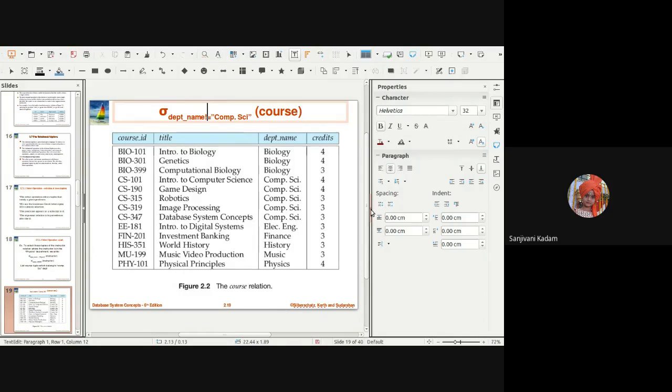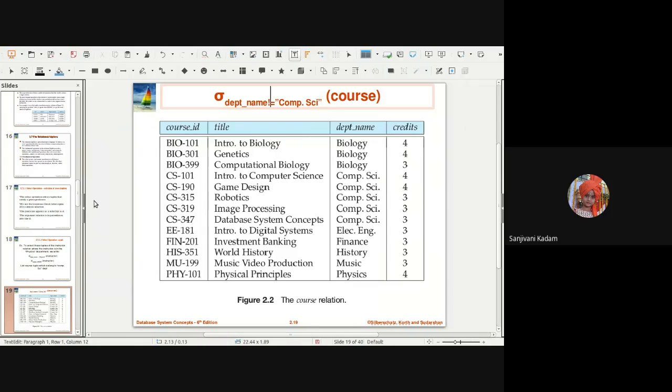So, clear with this query, clear with the first operation? Yeah, ma'am, it's clear. Okay, anybody else facing any problem regarding this select operation? Right now we are covering the select operation of the relational algebra. Don't mistake this as an operation of SQL.